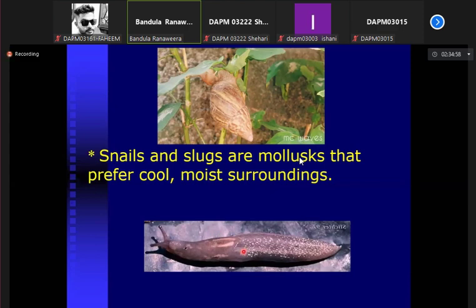They are sometimes causing serious damage to crops, and their management is sometimes more difficult than the management of insects, because their active time is usually the time with cool, moist climate.